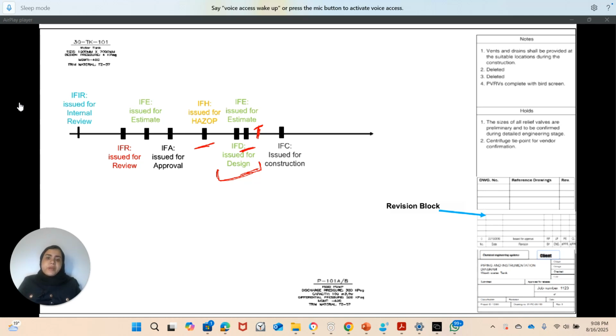However, in most cases the latest revision of the P&ID will be sent and the cost estimation will be done based on it.